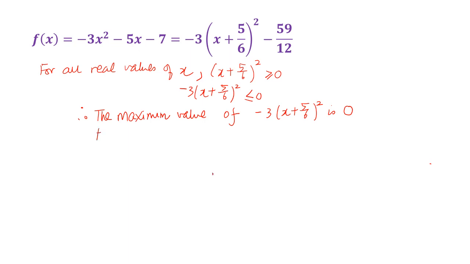And hence, the maximum value of f(x) would then be 0 minus 59 over 12, which gives you negative 59 over 12.